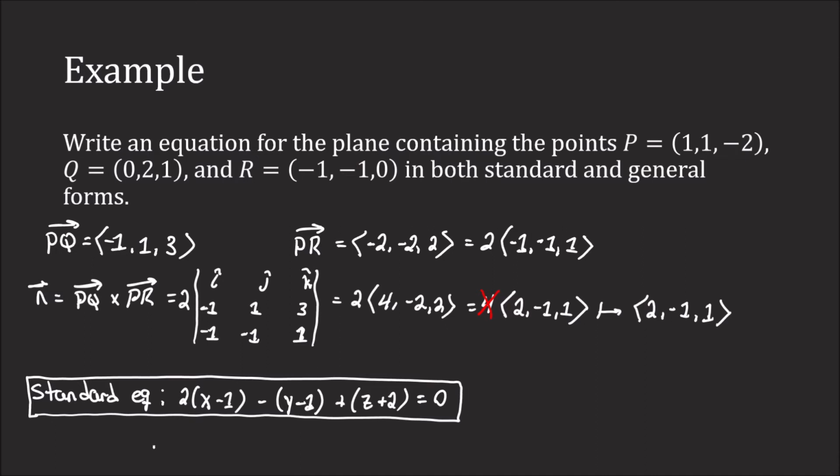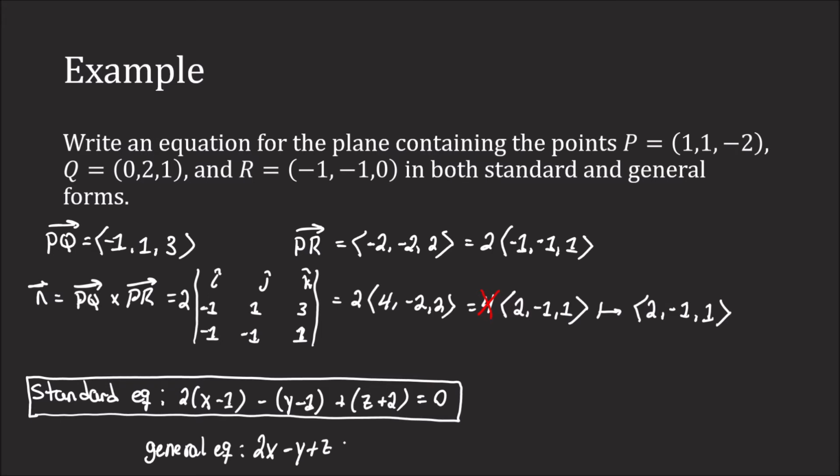For the general equation, we would have 2x minus y plus z, now plus d. Remember, d is negative 2 times x naught, so we're going to have negative 2 plus 1 plus 2.